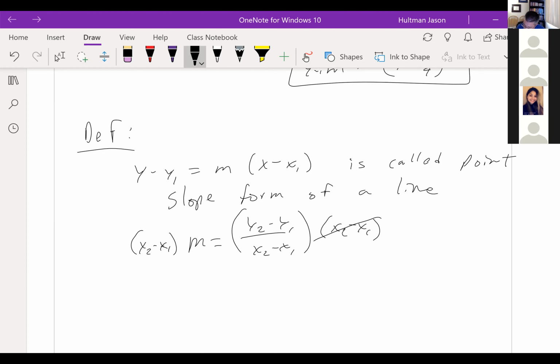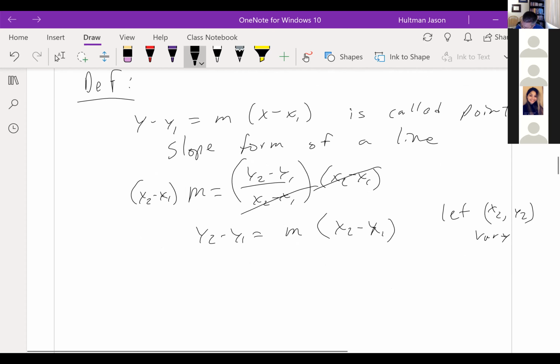We get these two to cancel out, and we're left with y2 minus y1 equals m times x2 minus x1. And if we let x2, y2 vary, and we just let it be x, y. So we allow that point to vary. On that line we have a point, and then we have another point, and we're going to let that point vary with respect to this thing called slope.